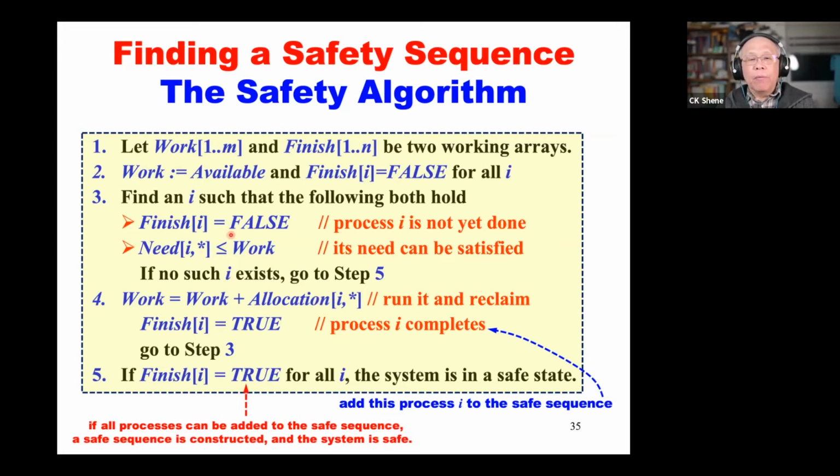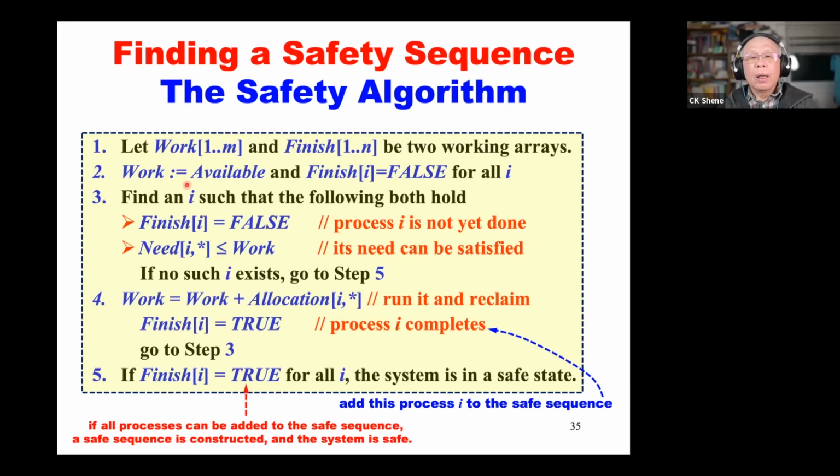If you can find such an i, then we pretend we could run it. After running, this process would return whatever is currently allocated to it. In other words, process i would run and finish. So process i's allocated resources would be returned to the system available. So update the system available. Because of this, process i is done. We set finish[i] to true and go back to find the next i.